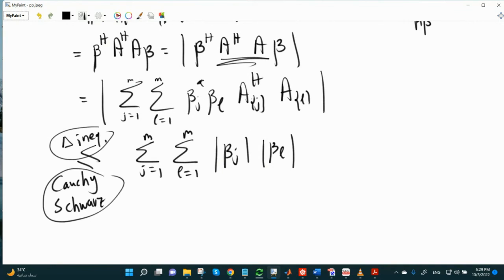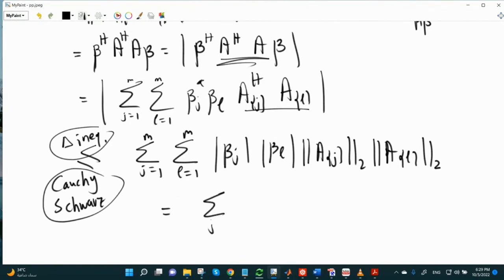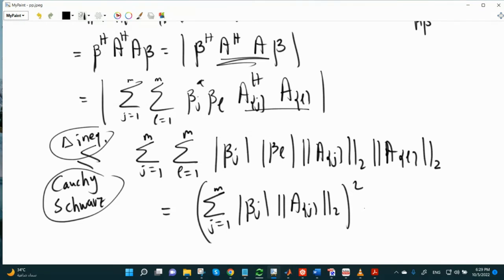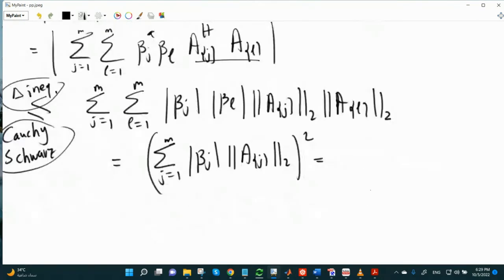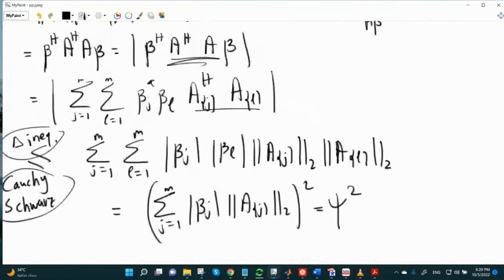And then when you apply the magnitude to the summand here, you will have the magnitude of this inner product, and the magnitude of the inner product is bounded by the product of the L2 norms. So this will be the L2 norm of a j and then the L2 norm of a l. And so this is nothing but the summation j from 1 to m, magnitude of beta j times the L2 norm of a j, and then you square this guy here. And this summation is the quantity that upstairs we called psi. So this is actually psi squared.